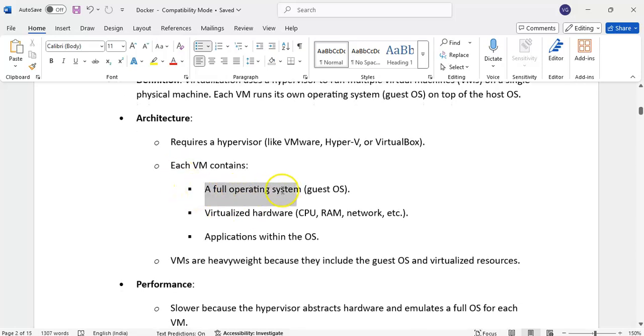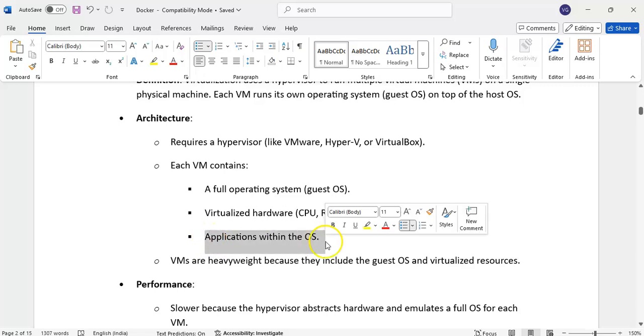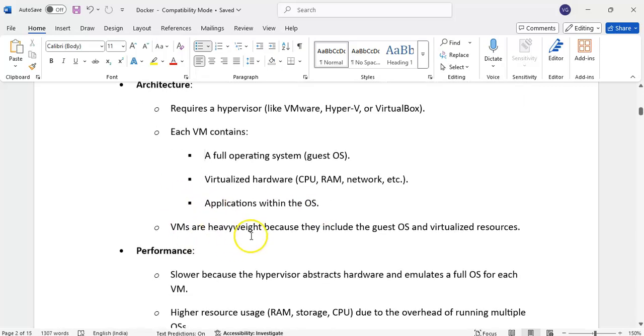Each VM contains a full operating system, guest OS, virtualized hardware (CPU, RAM, network), and applications within the OS. VMs are heavyweight because they include the guest OS and virtualized resources.